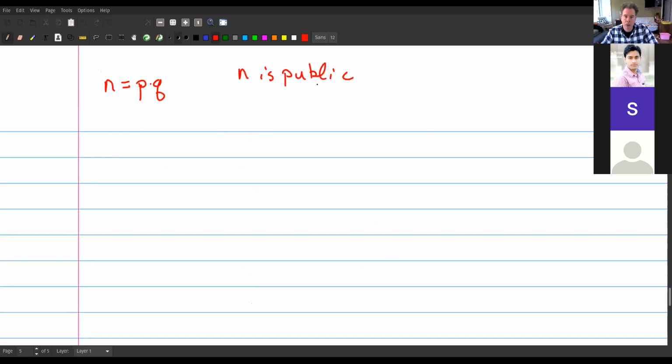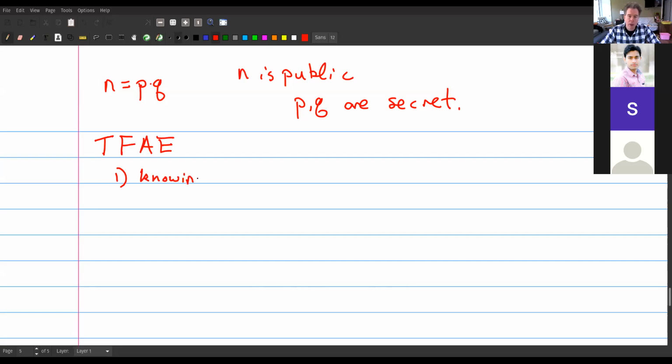Everybody gets to know n, but p and q are secret. So these are the private keys. Nobody gets to see them. It turns out that the following are equivalent. 1, knowing p.